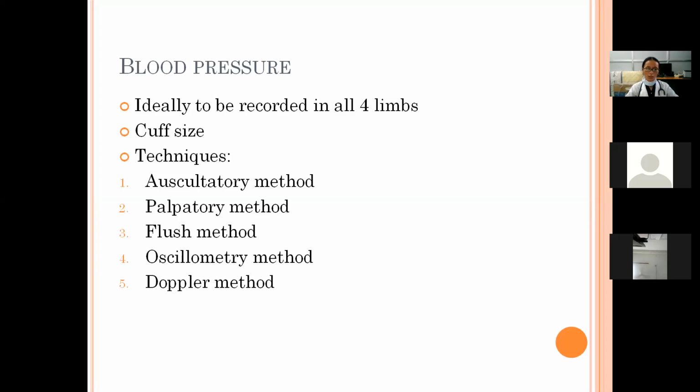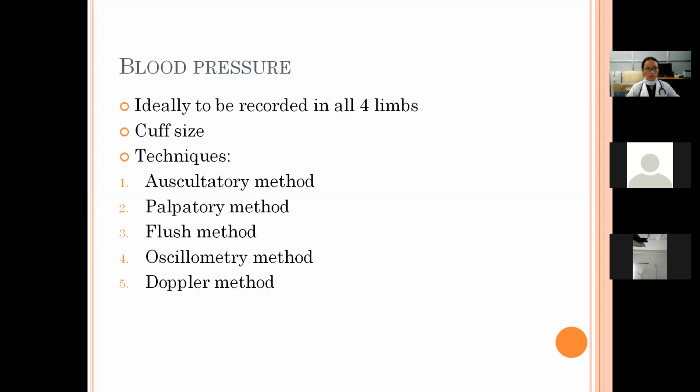The first Korotkov sound is indicative of the systolic blood pressure, and then you slowly keep lowering the cuff pressure till you start hearing the trailing of the Korotkov sound. The diastolic blood pressure is the time when the Korotkov sound starts to trail.